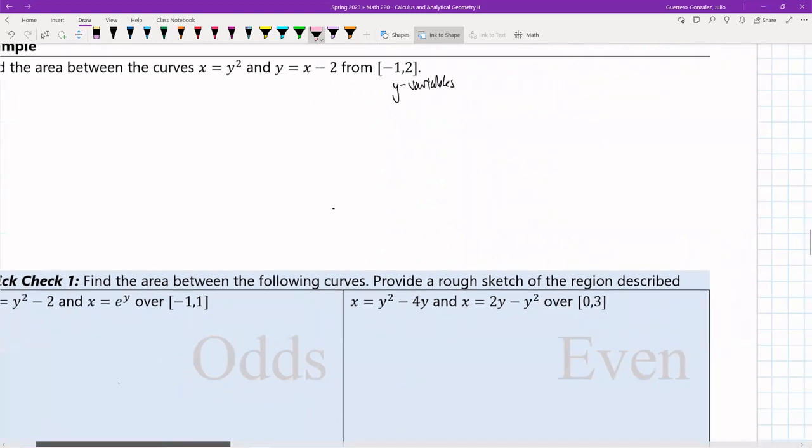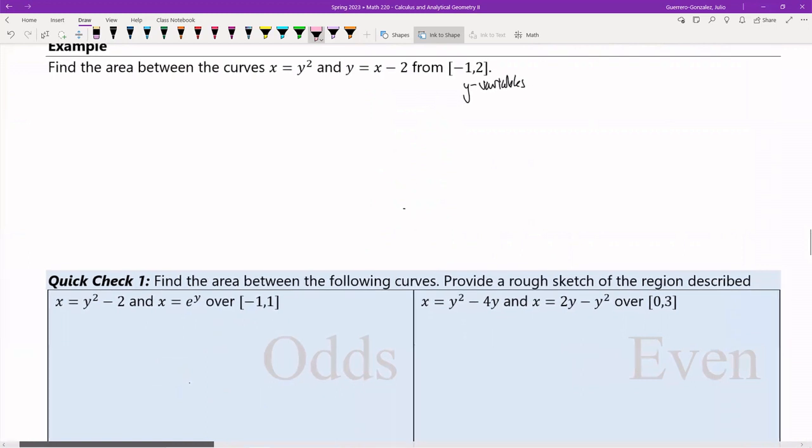Let me go ahead and center this nicer. There we go. So the problem is this. We need everything in terms of the y variable. So we need x in terms of y, not y in terms of x. That's what we were comfortable with before, y in terms of x. But now we need to flip them. We need x in terms of y. This is okay.